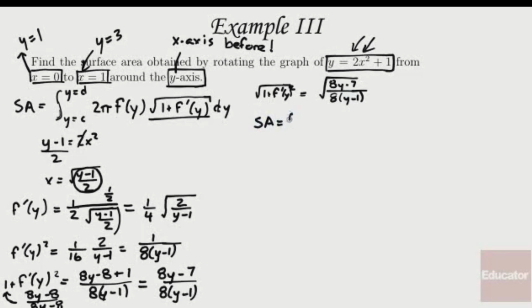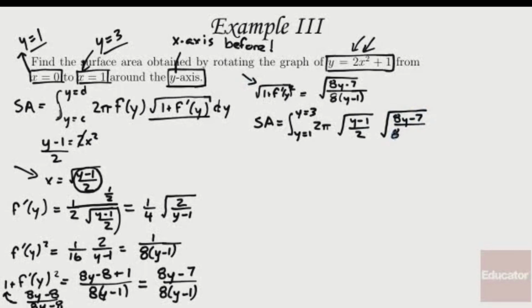The surface area is the integral from y equals 1 to y equals 3. I got those from here and here. And 2 pi times f of y, I got that from here. So that's the square root of y minus 1 over 2 times the square root of 1 plus f prime of y squared, which is 8y minus 7 over 8 times the quantity y minus 1. All of this times dy.